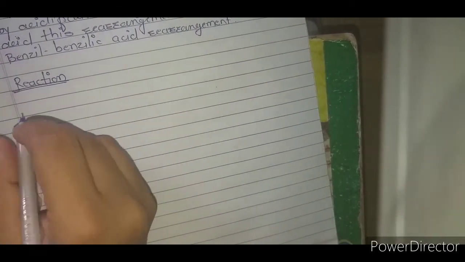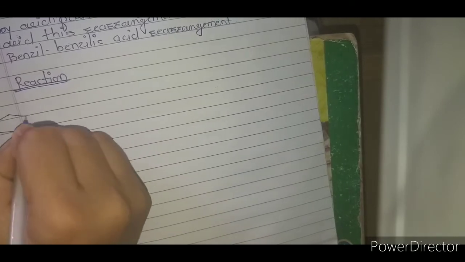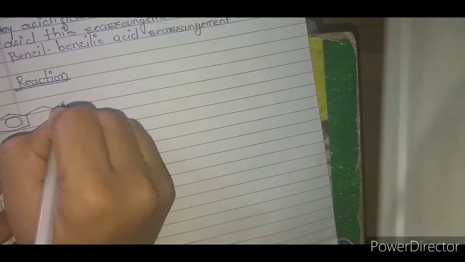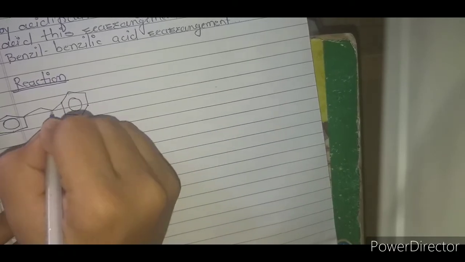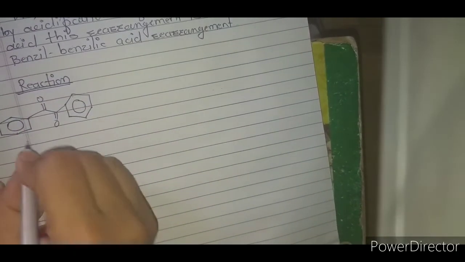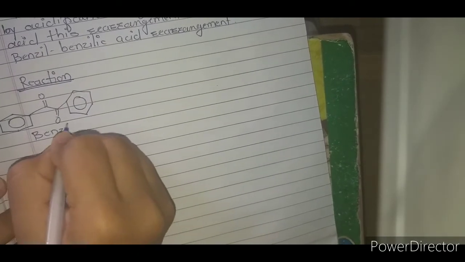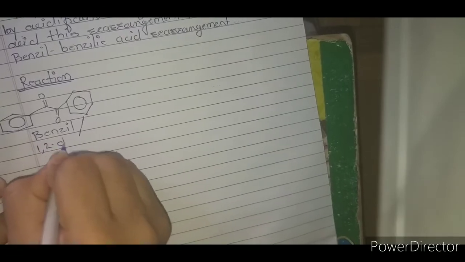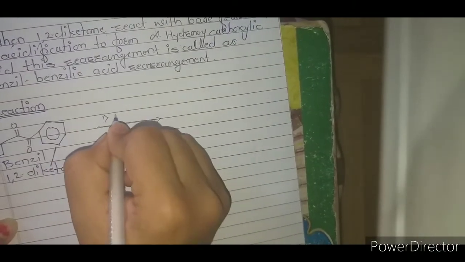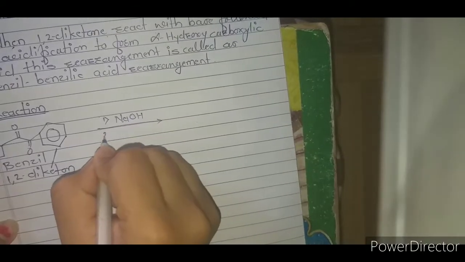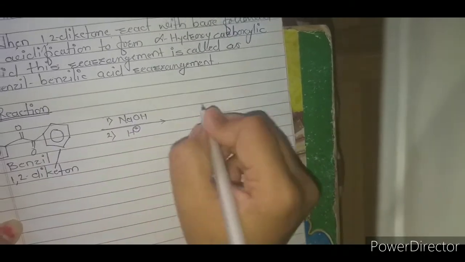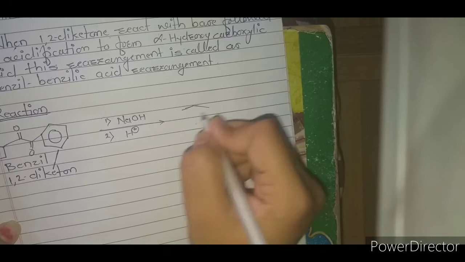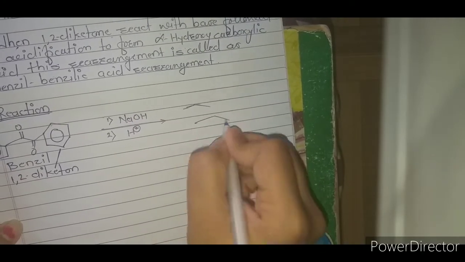Take any 1,2-diketone, this is your 1,2-diketone, also called benzil, in presence of base followed by acidification, it forms this product.